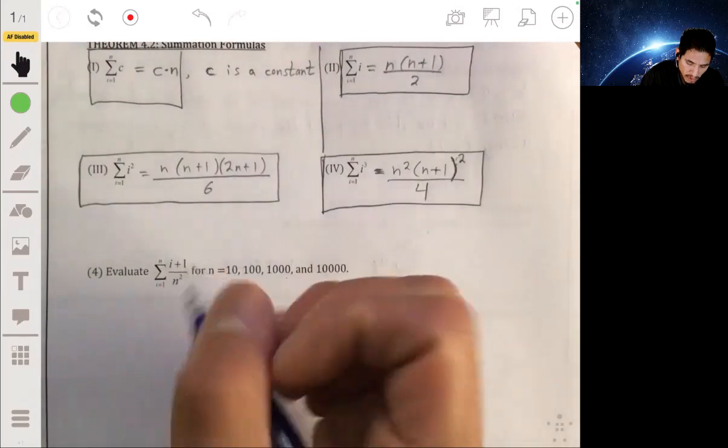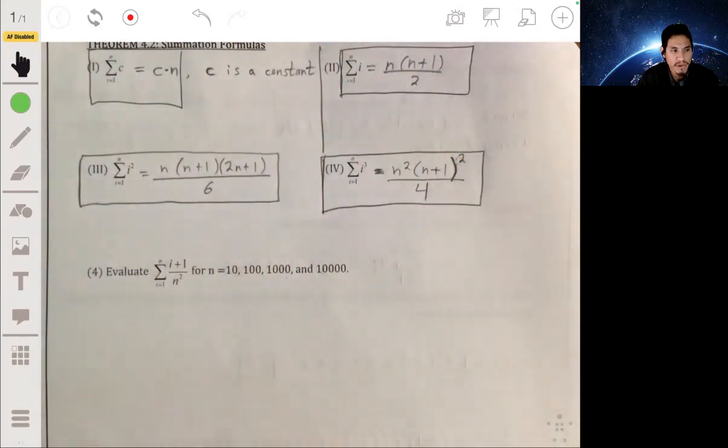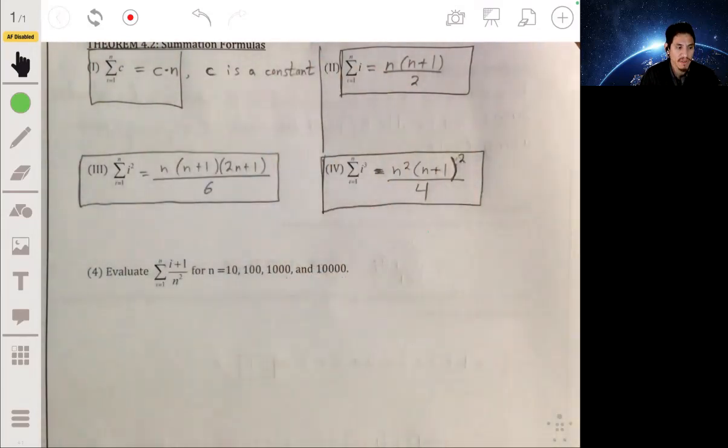So what we want to do is find some clever way to break these into combinations of these formulas, where you're simply plugging in a number for n and evaluating it quickly.